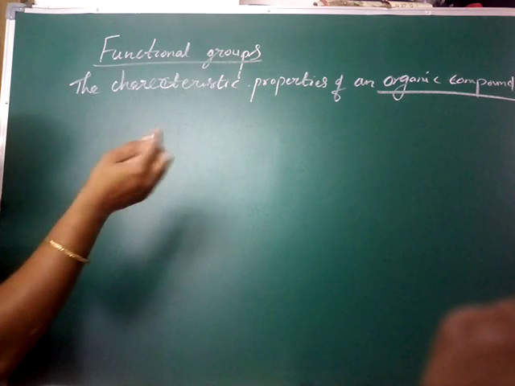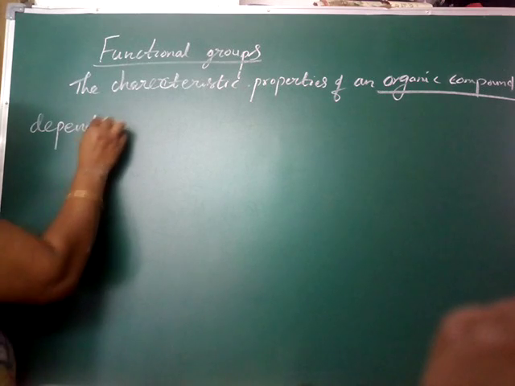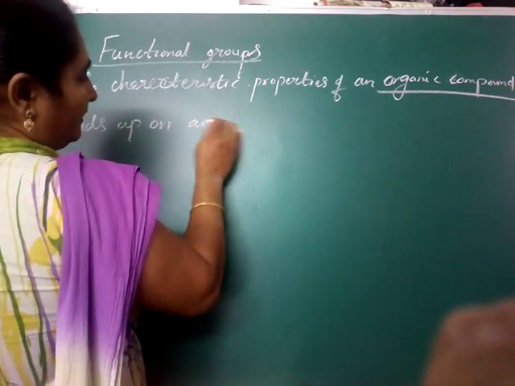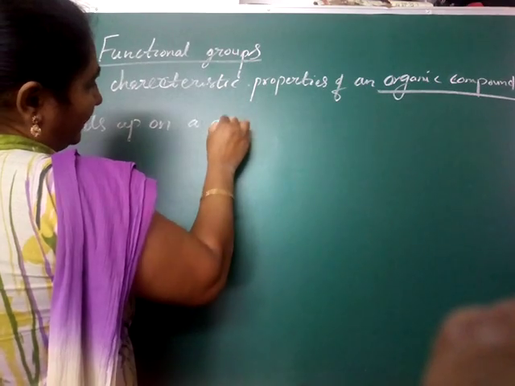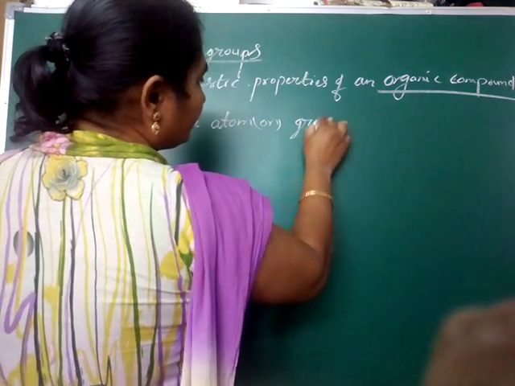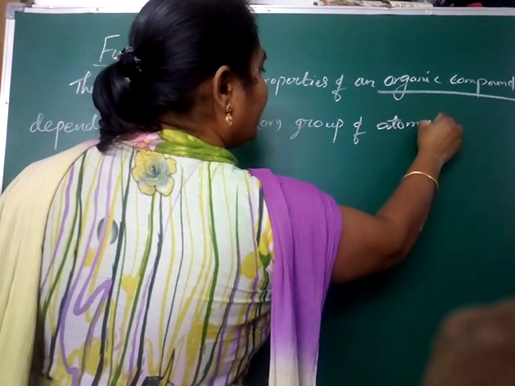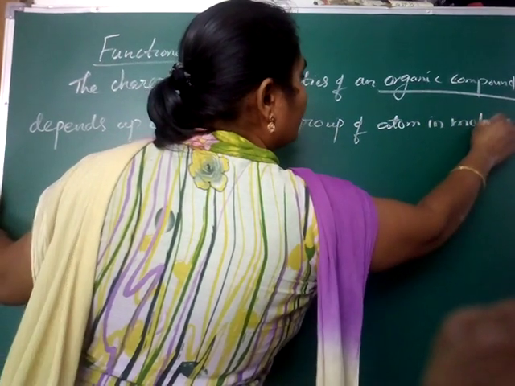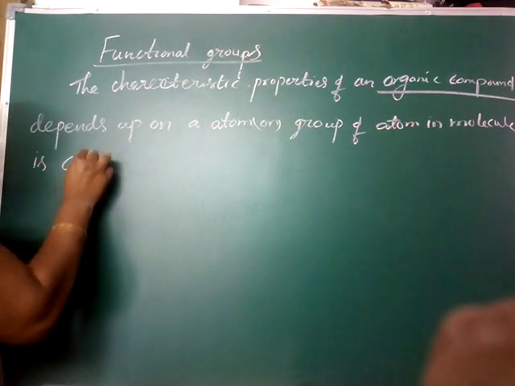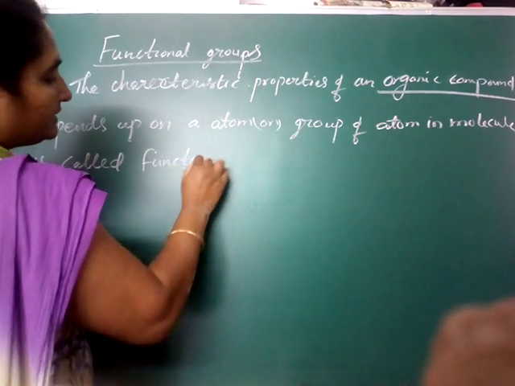Properties of an organic compound depend upon an atom or group of atoms in the molecule, which is called the functional group. Do you understand this?